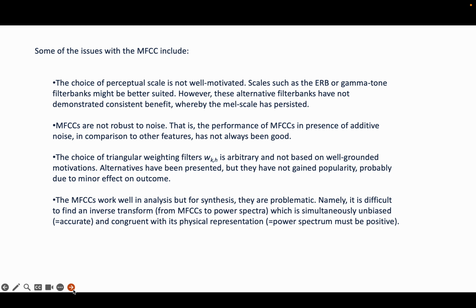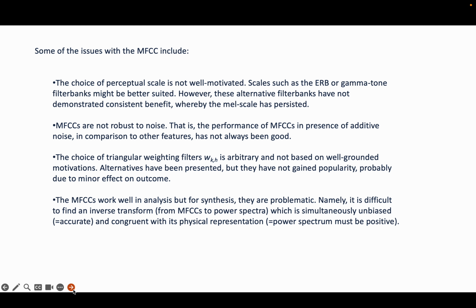Some of the issues: the choice of the perceptual scale is not particularly well motivated. Other scales like gammatone filter banks and others might be better suited, but because they haven't been investigated as widely, the MEL scale has just persisted.